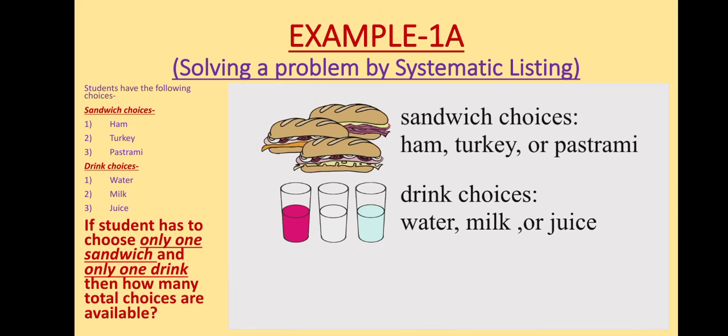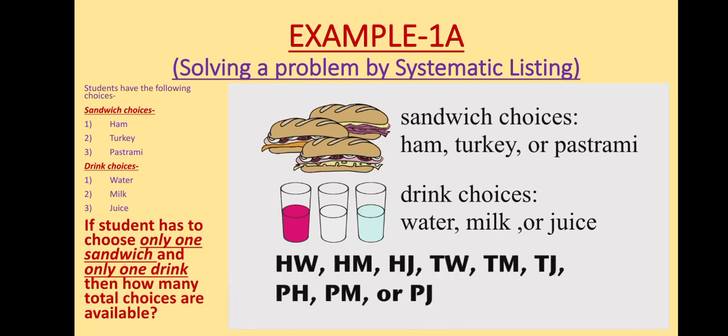If you want to list out all the possible outcomes, then the possible outcomes will be like this: HW. Here H stands for ham and W stands for water. So you can have ham water combination, or you can have ham milk combination, or you can have ham juice combination.